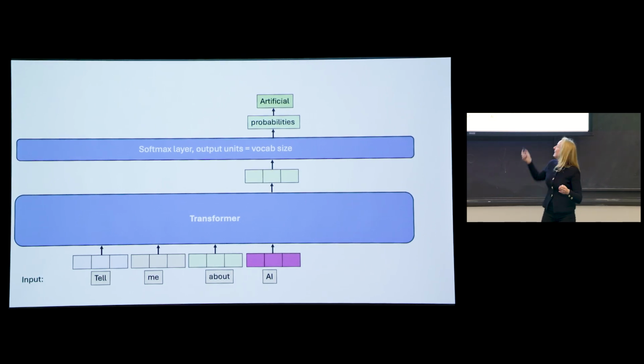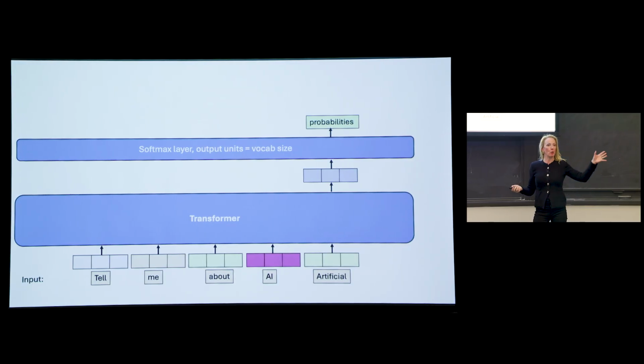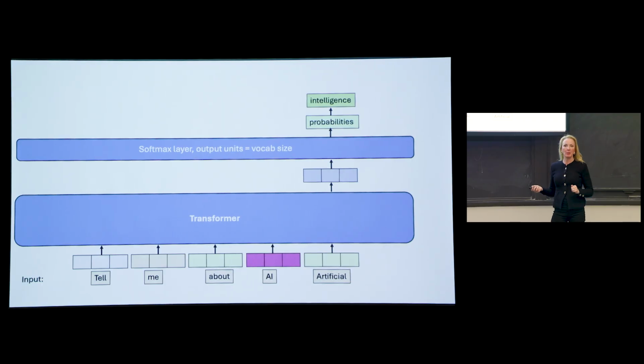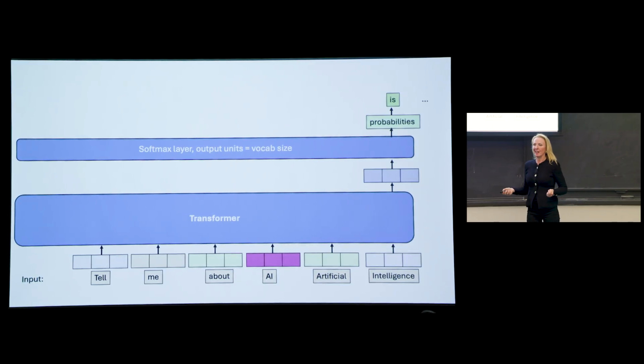And then it takes its own output, appends it to your prompt, runs the whole thing through again. And now it predicts what the next word should be given the prompt and that first word. So probably here the next word is going to be "intelligence," right? Take all of that, run it back through. Maybe you get "is" as the next word, and so on and so forth.